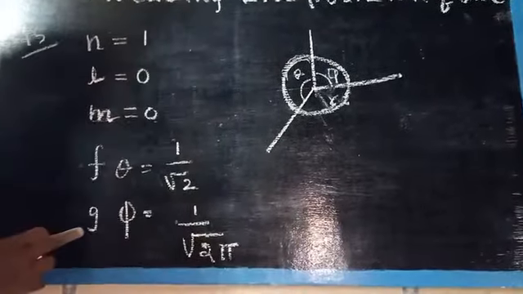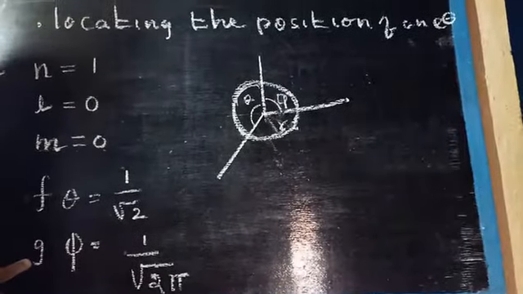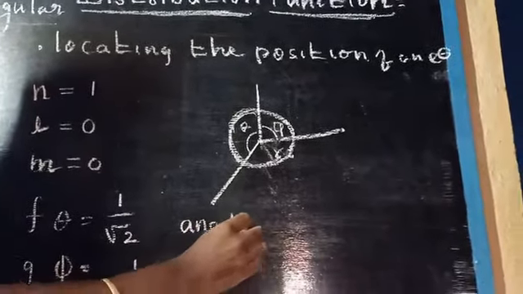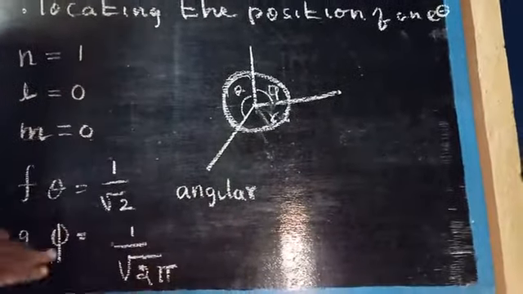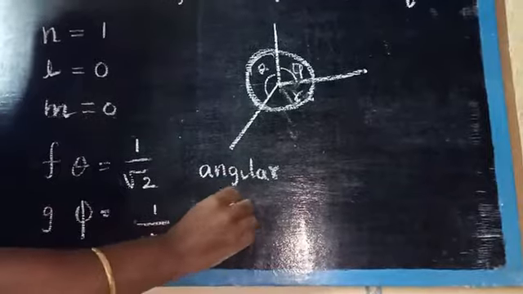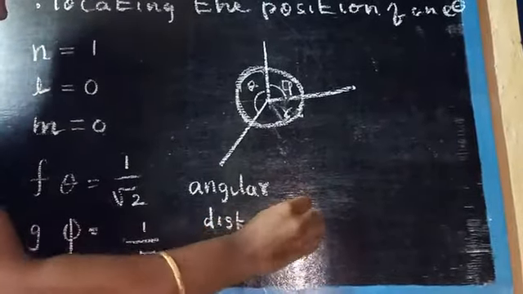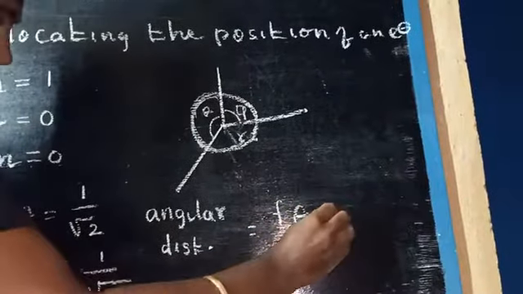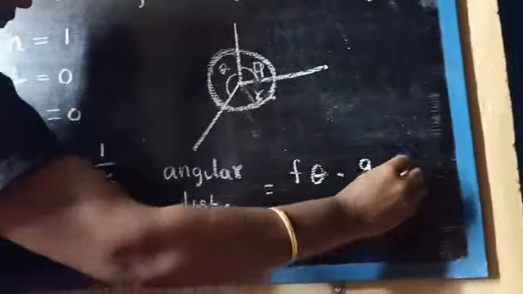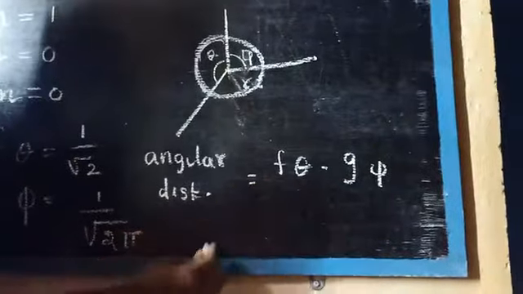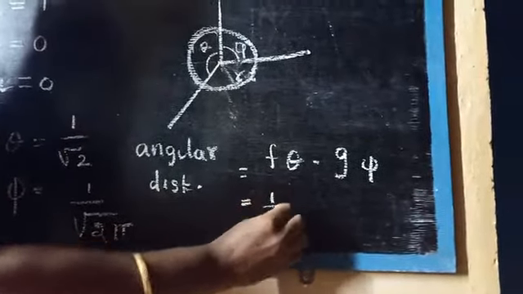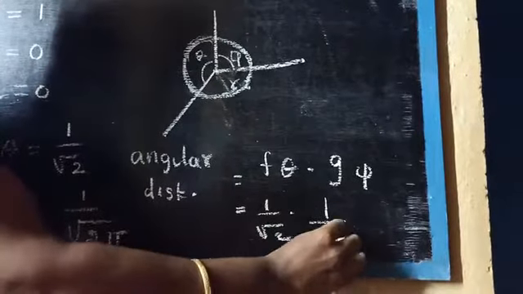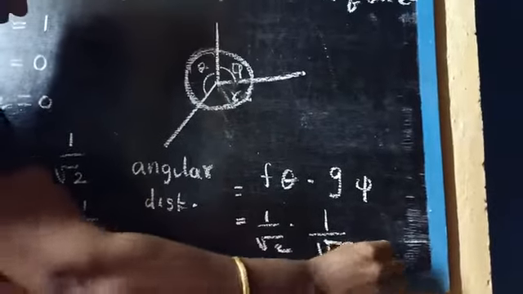Now multiply these two, f theta and g phi, to find the angular distribution. This depends on the azimuthal quantum number. So the angular distribution equals f theta into g phi, which is 1 by root 2 into 1 by root 2 pi.